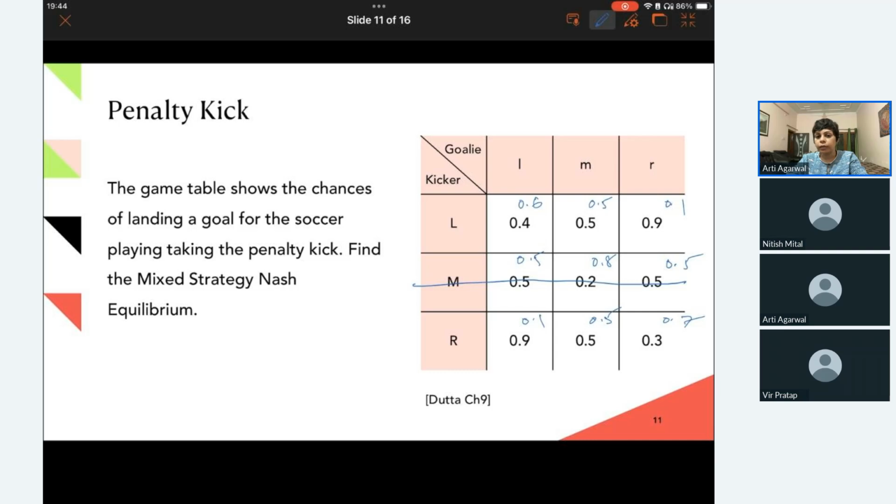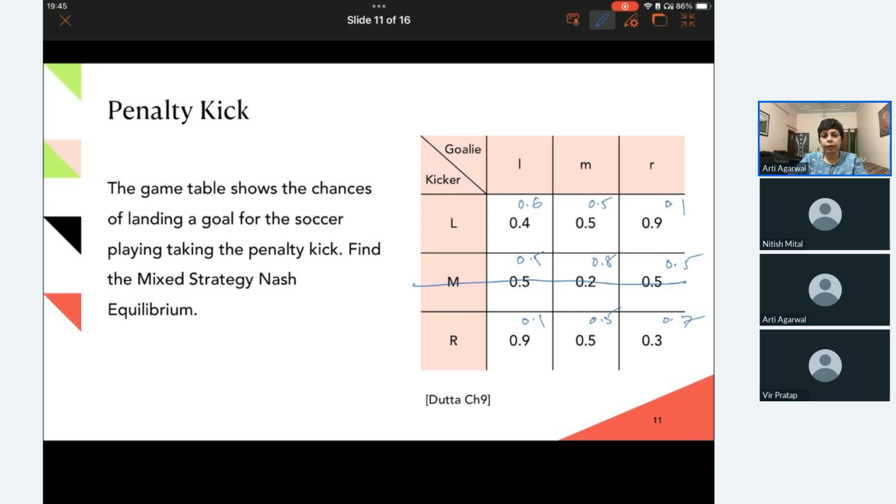Is there any strategy which is looking like it is not too good? Let's see. We don't know. Let's see. So the mixed strategy of small l and small r is not doing better than small m, right? The mixed strategy of small l and small m could be doing better, but it is not. So as of now, we don't find any mixed strategy which is dominating a pure strategy.